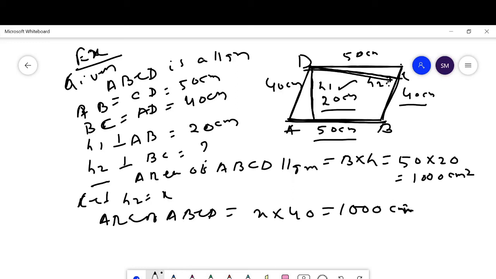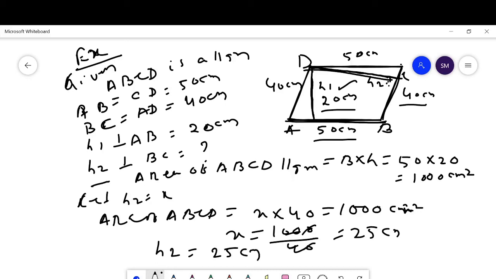Then X is equal to 1000 upon 40, which is equal to 25 centimeter. Then we get H2 equal to 25 centimeter. The length of the altitude to the base BC, the base of 40 centimeter, is 25 centimeters.